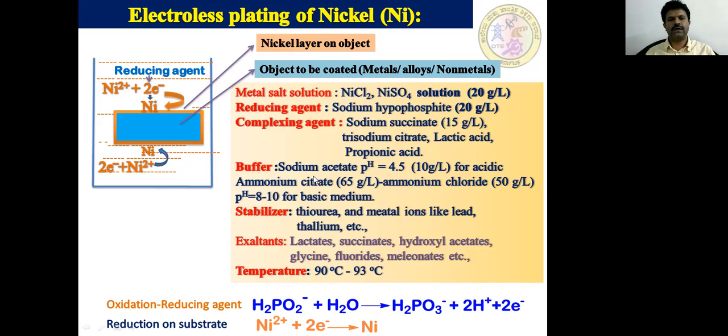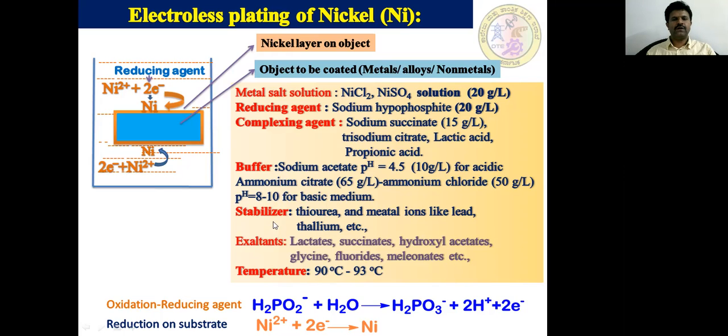The approximate concentration is 10 grams per liter of sodium acetate for acidic condition. And if you want to conduct in basic medium, then the preferred buffer is the ammonium citrate, ammonium chloride combination. Approximate concentration is 65 grams per liter of ammonium citrate and 50 grams per liter of ammonium chloride. This buffer will give pH 8 to 10.